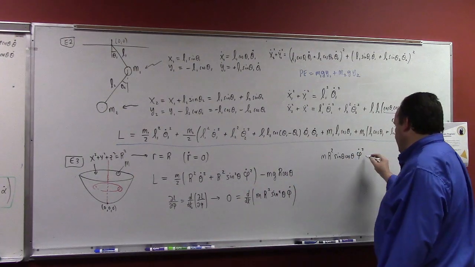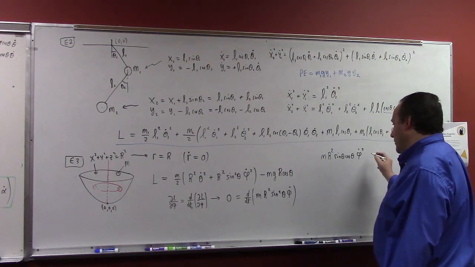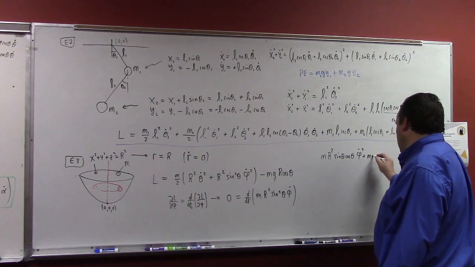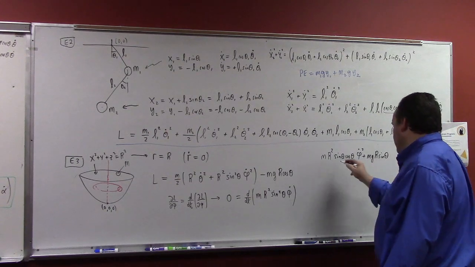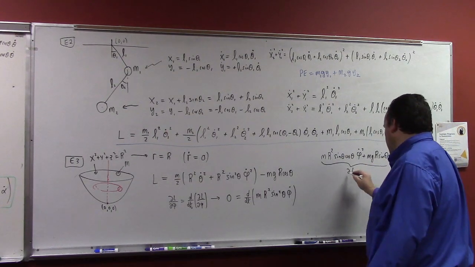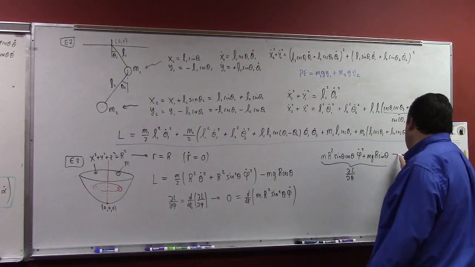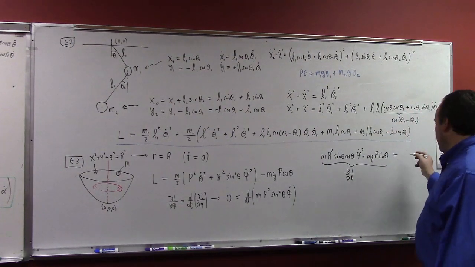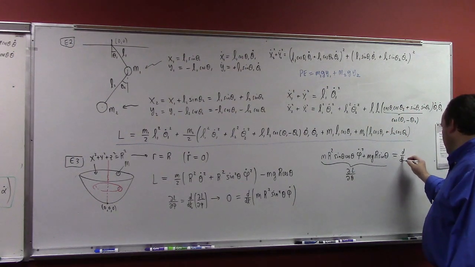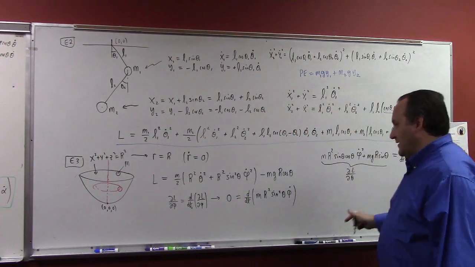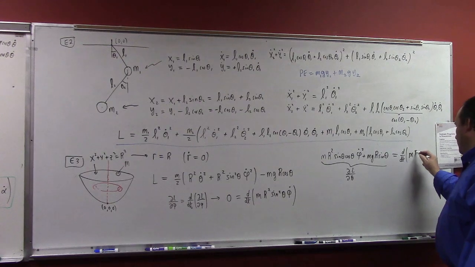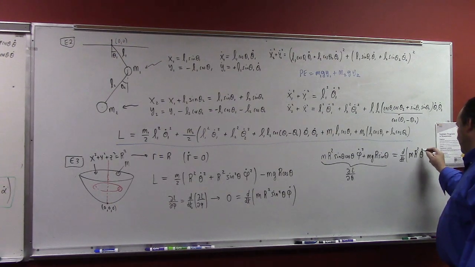And then I've got, that's my bad, plus mg r sine theta. This is all my partial L partial theta, and that's equal to what? It's equal to the time derivative of partial L partial theta dot. Well, what is partial L partial theta dot here? The theta dot is just here. So that gives me an m r squared theta dot.